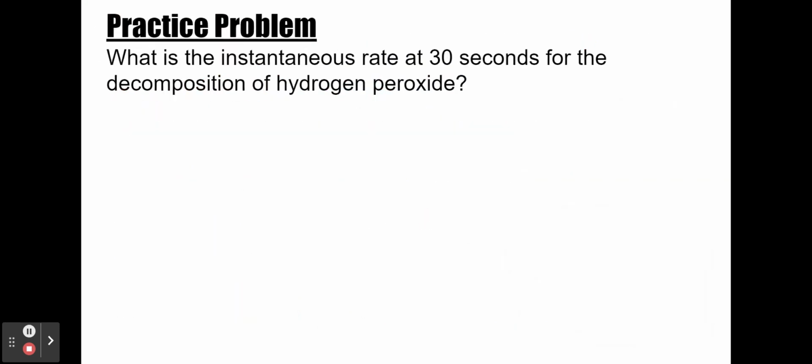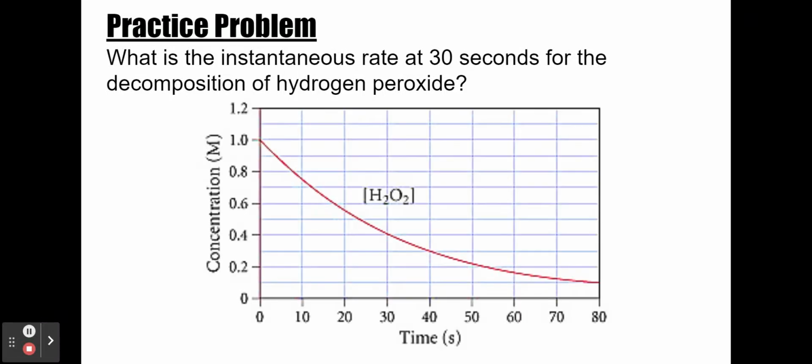All right, let's do a practice problem. Okay, so what is the instantaneous rate at 30 seconds for the decomposition of hydrogen peroxide? So here we have a little graph of concentration in molarity versus time of the amount of hydrogen peroxide.